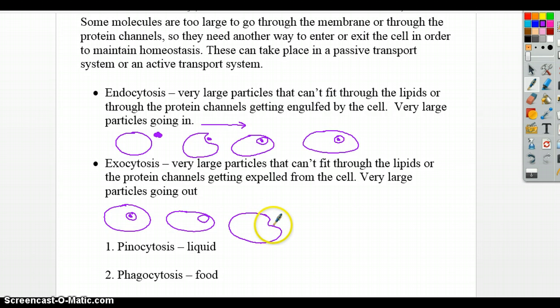And so this would be the membrane here where the large particle is sitting. And now the large particle is out. So it's being expelled or exited. If that particle is a liquid, again, it's pinocytosis. If it's a food, it is phagocytosis.